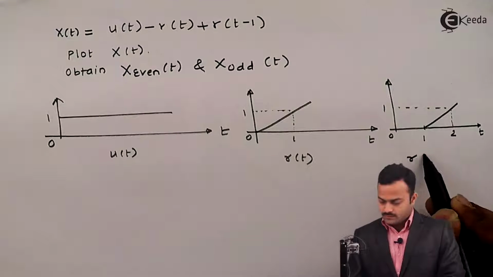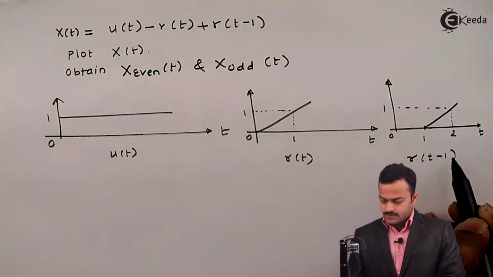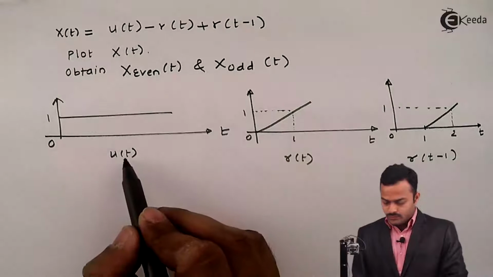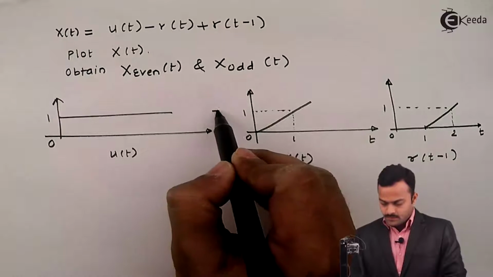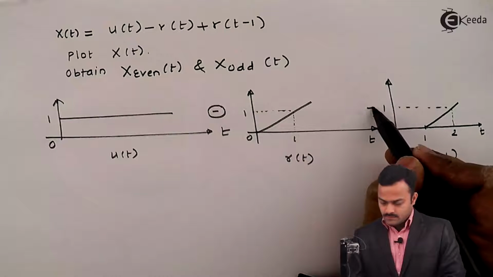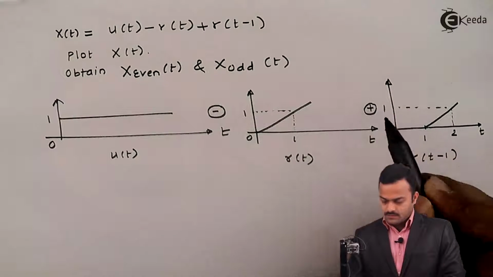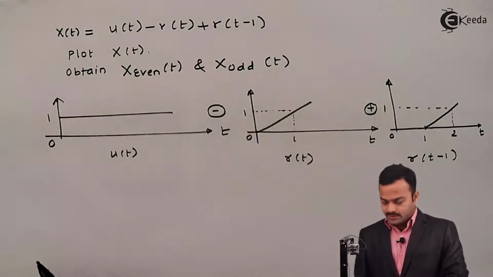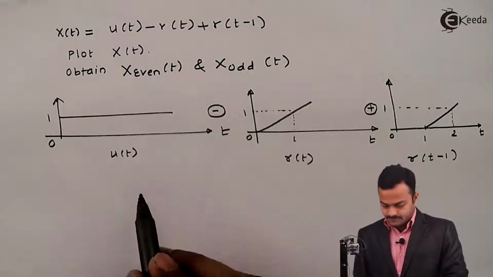So this is r of t minus 1. So what we need to do is u of t minus r of t plus r of t minus 1. Let's see how the resultant plot will look.